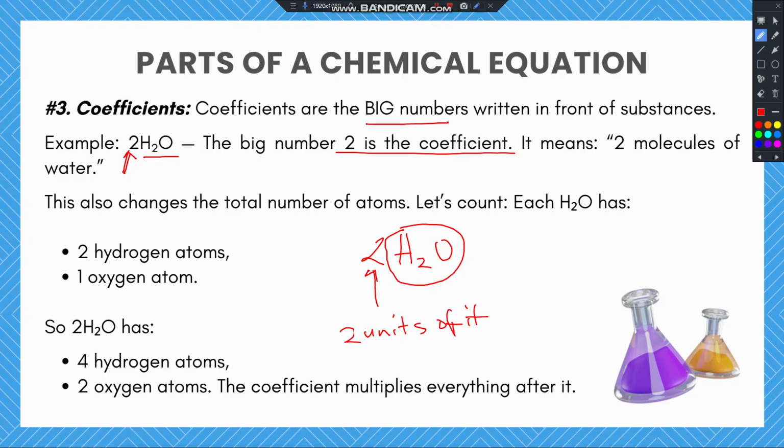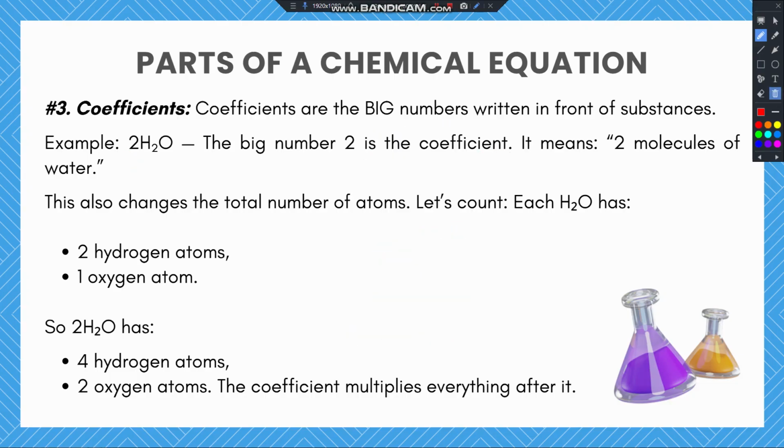Now a coefficient also changes the total number of atoms because it multiplies everything that comes after it. So in the example that we looked at, 2H2O, this 2, which is the coefficient, affects everything that stands behind it. So it affects this hydrogen and it also affects this oxygen.